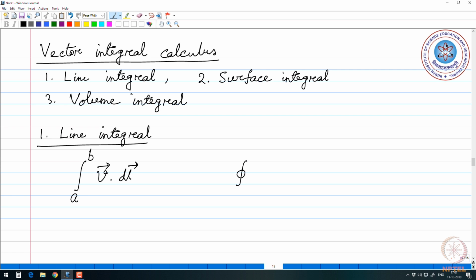Closed line means this line encloses a surface: v dot dl over a closed line. This type of integral is also quite useful in the context of electromagnetism, that we will see later on.